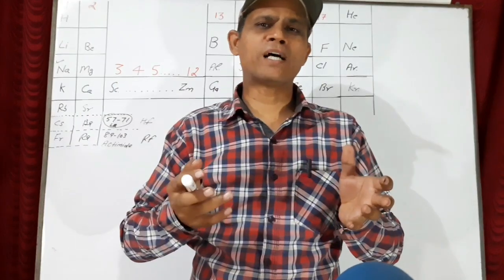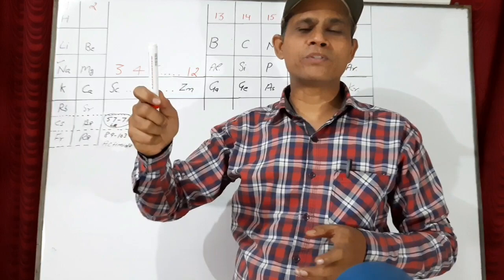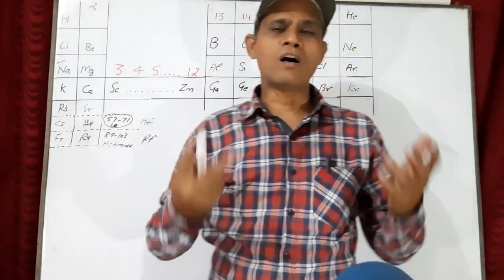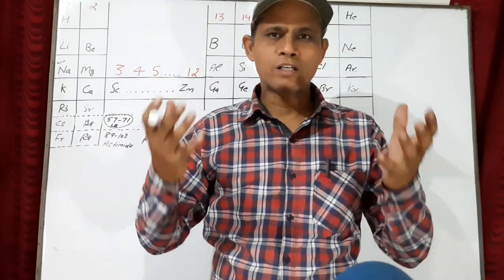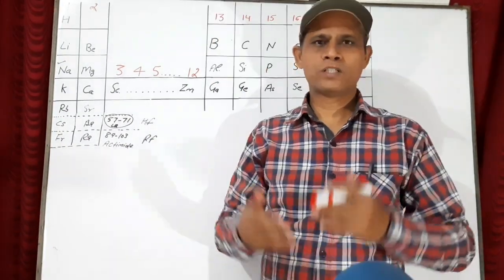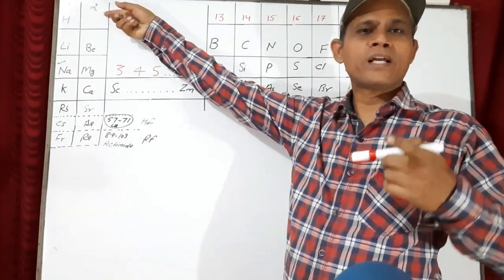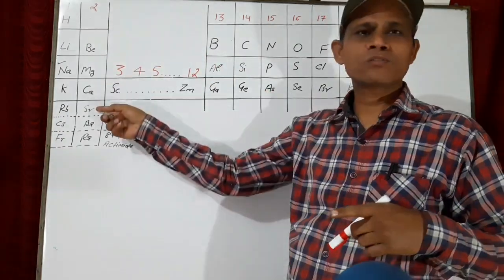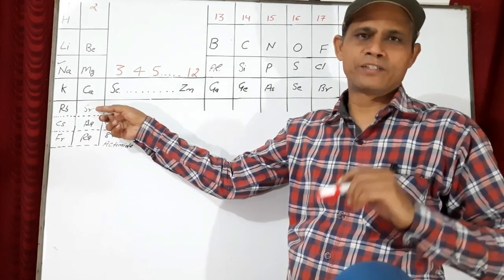But keep it in your mind, except hydrogen. Now group number 2 is also known as alkaline earth metals. These elements also form alkali with water, but their alkali is weaker.